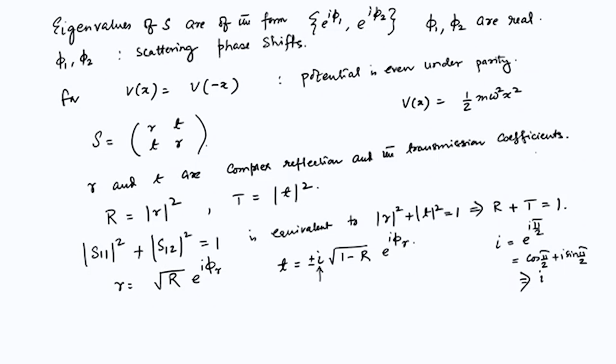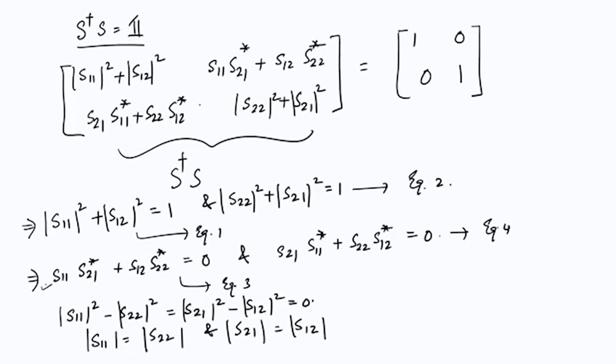And now, of course, S11 S21 star plus S12 S22 star is equal to 0, which is coming from the off diagonal term of the S matrix.